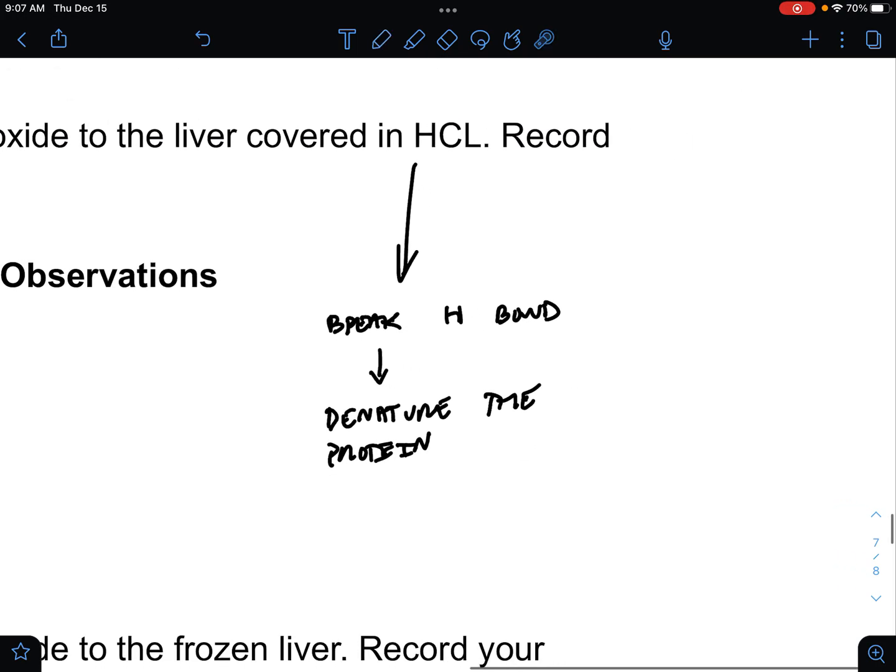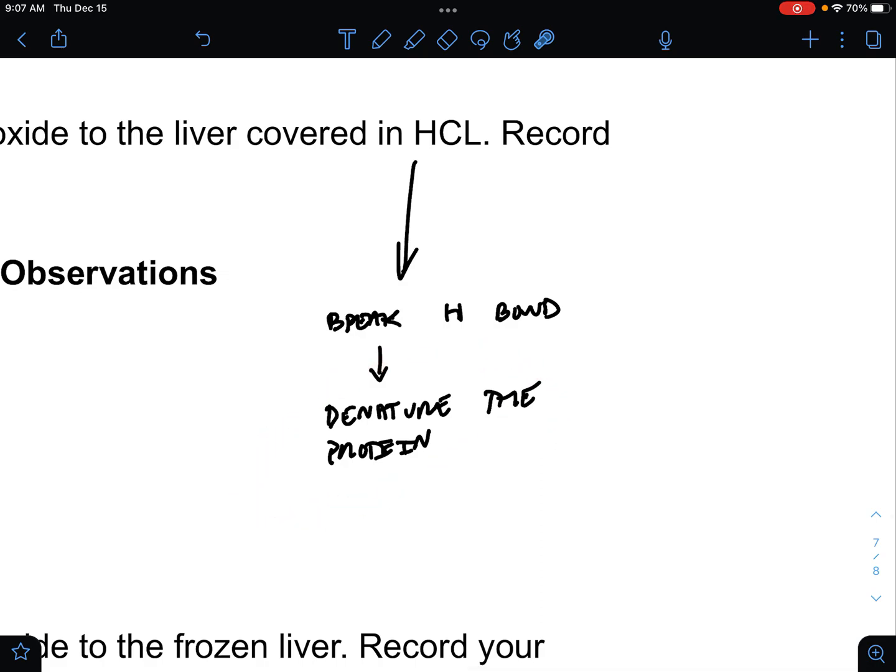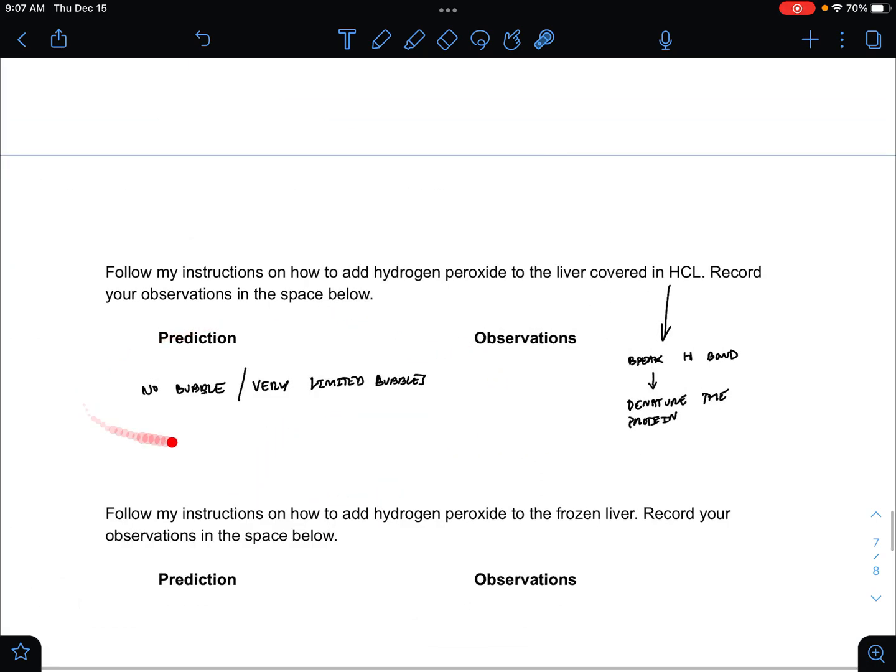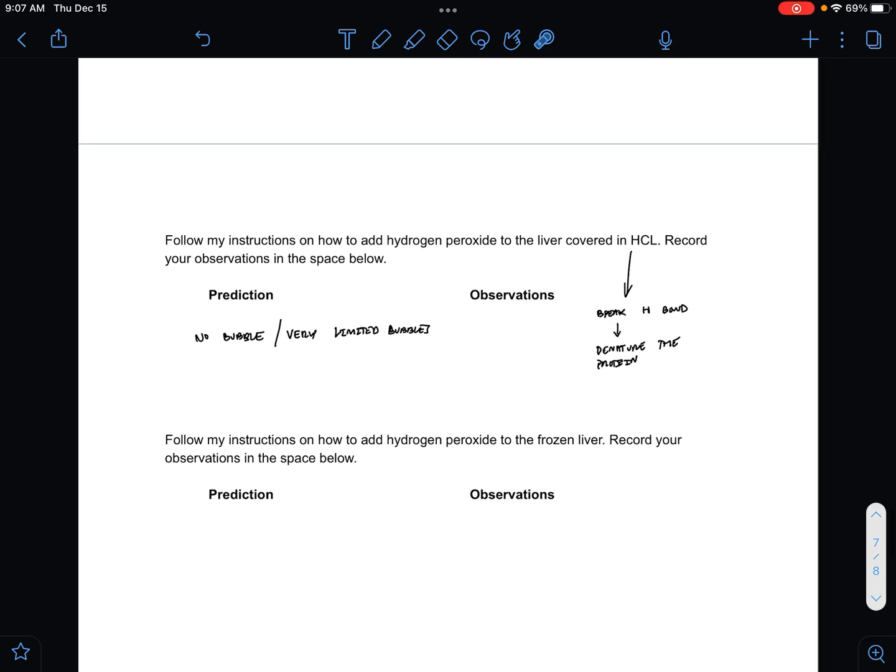So that shape, which is so important, the three-dimensional structure, falls apart and it can no longer do its job, and therefore we see no reaction.